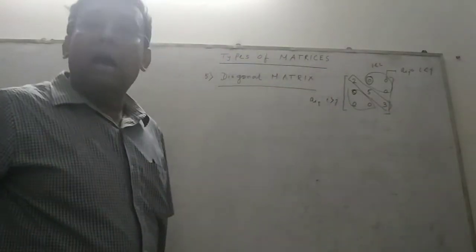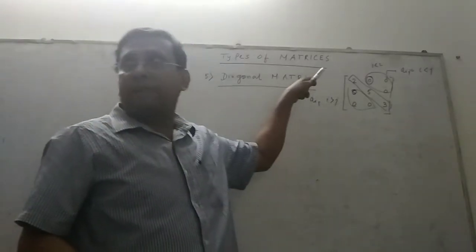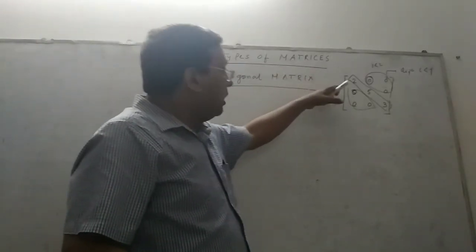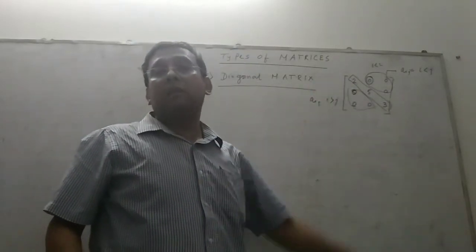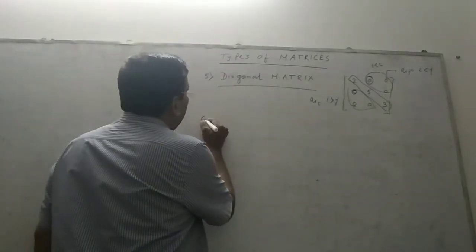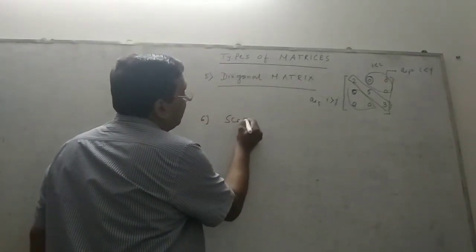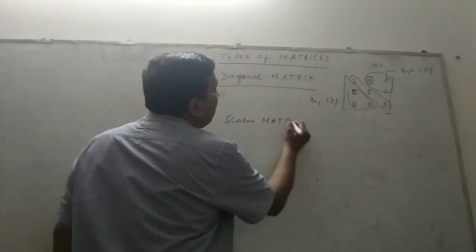Now what is a scalar matrix? A scalar matrix is a diagonal matrix in which all the elements along the primary diagonal must be the same.